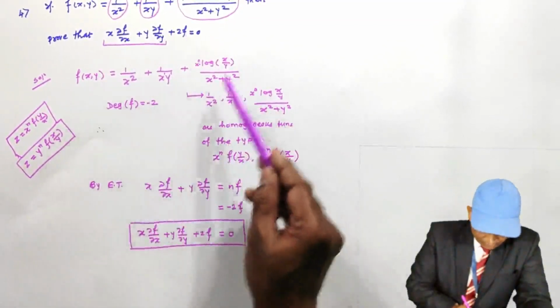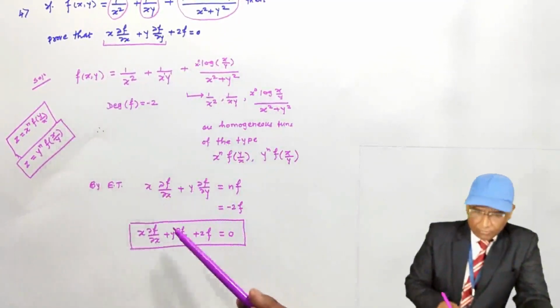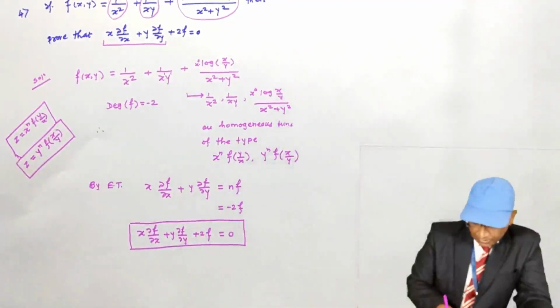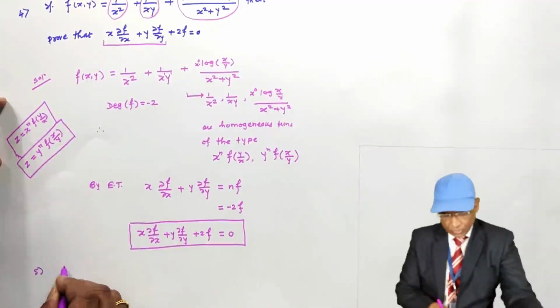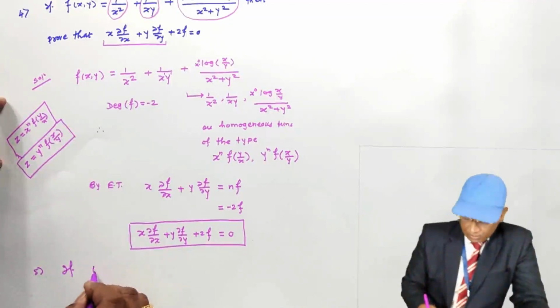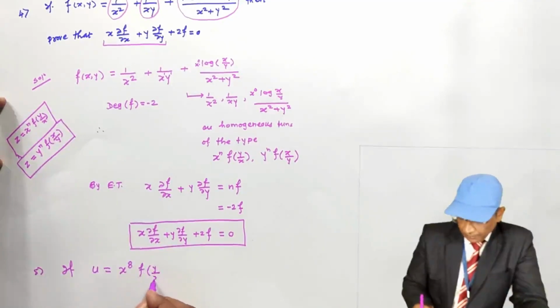If u is equal to x to the power 8 f of y by x, plus 1 by y to the power 8 f of x by y.